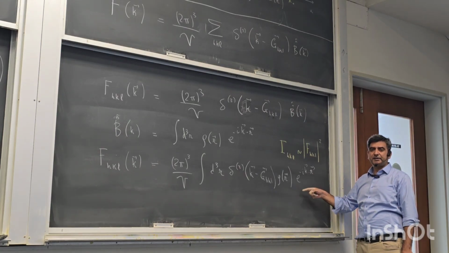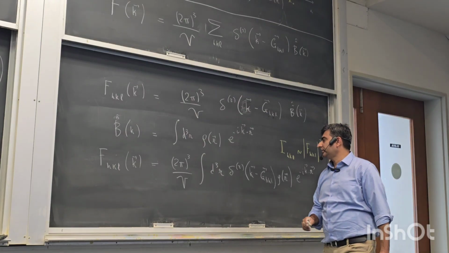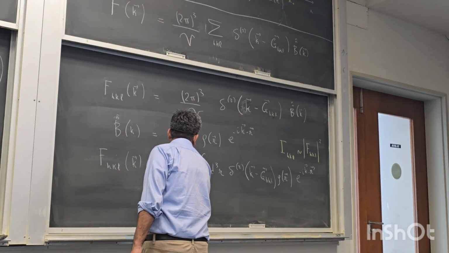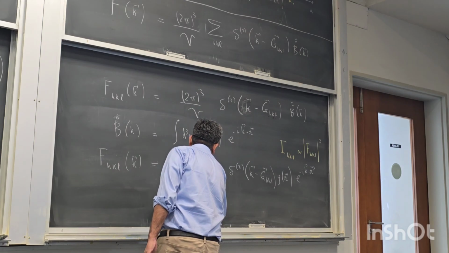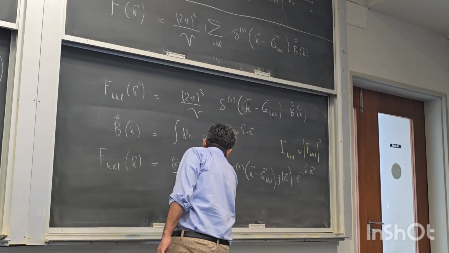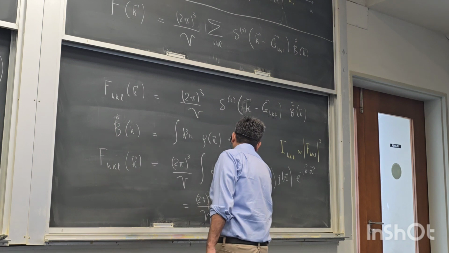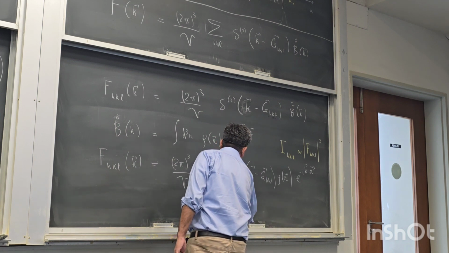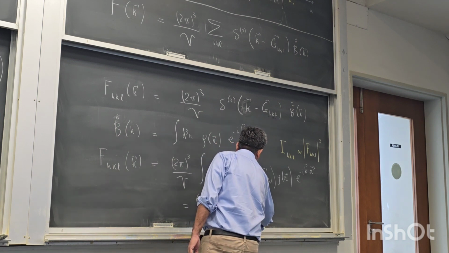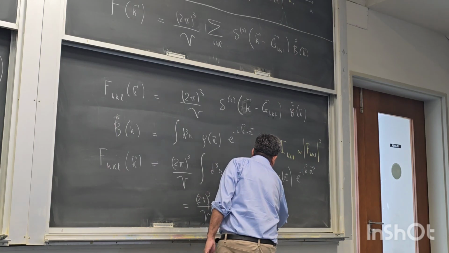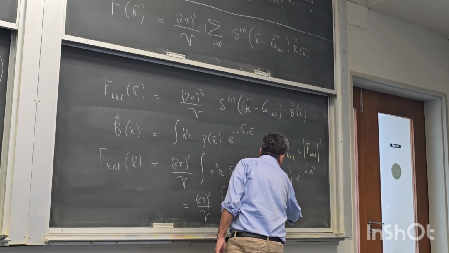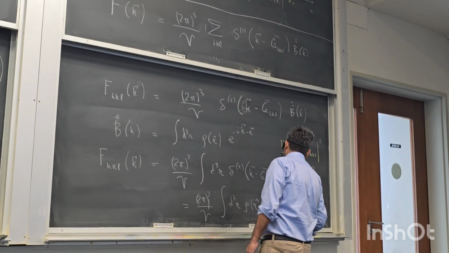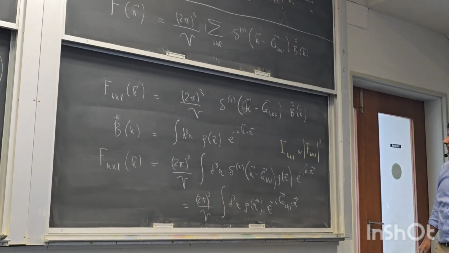So you apply the sampling theorem and you will get 2 pi cube over V, d cube R rho R, E minus I G HKL dot R. Correct?